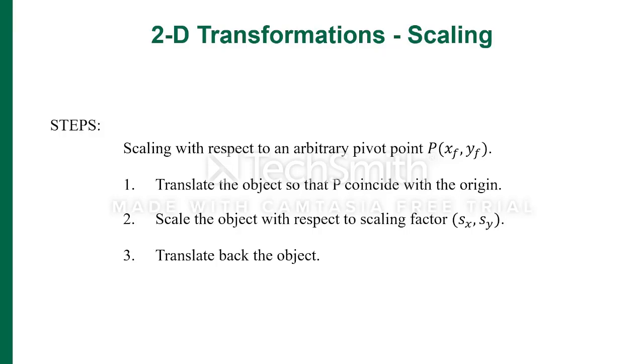First, we translate the object so that the fixed point coincides with the origin. Next, we scale the object with scaling factors sx and sy. And finally, we translate it back to its original position.